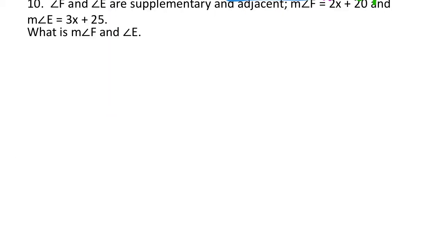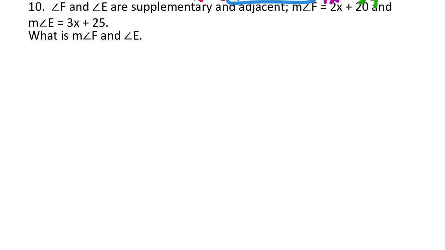Number 10, angle F and angle E are supplementary and adjacent. Well, the adjacent thing doesn't really matter, but the supplementary stuff does, because we know supplementary is 180 degrees. And that's their sum, right?